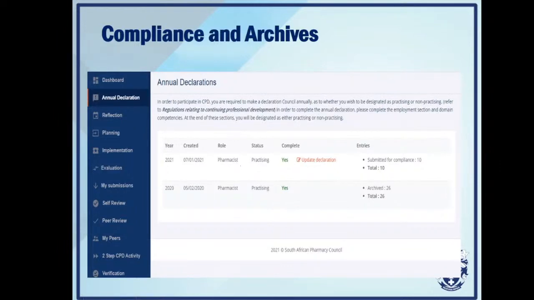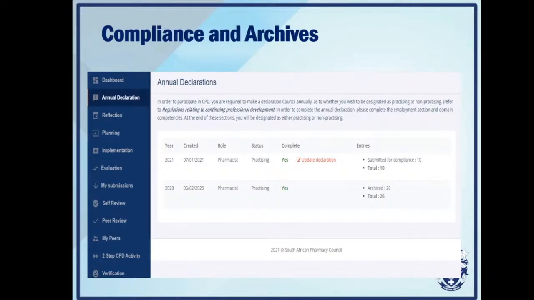Under compliance and archives, the CPD activities due date was the 31st of December 2020. It's the 31st of December for each year, but Council has given us a grace period, which is ending on the 30th of April.